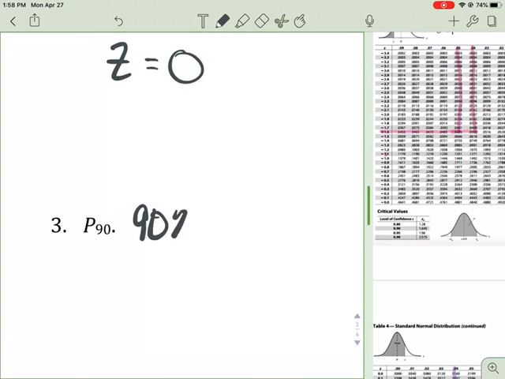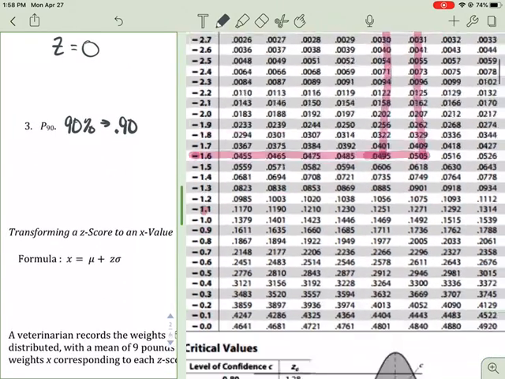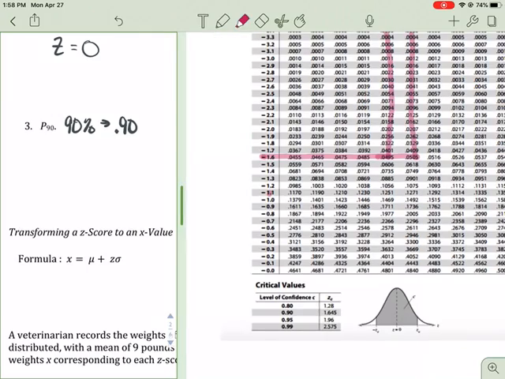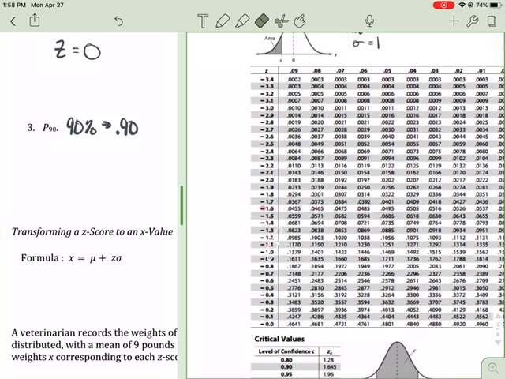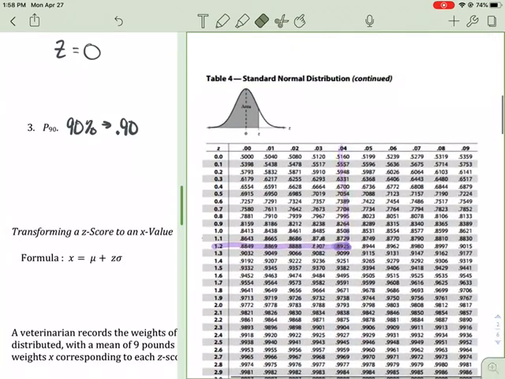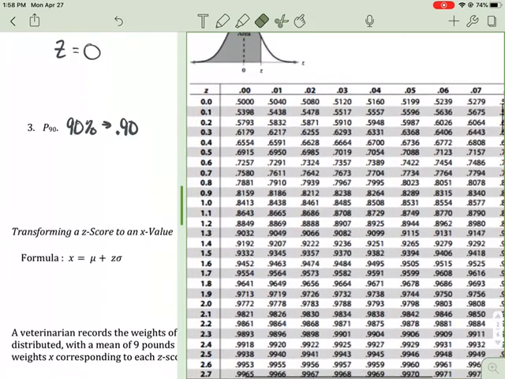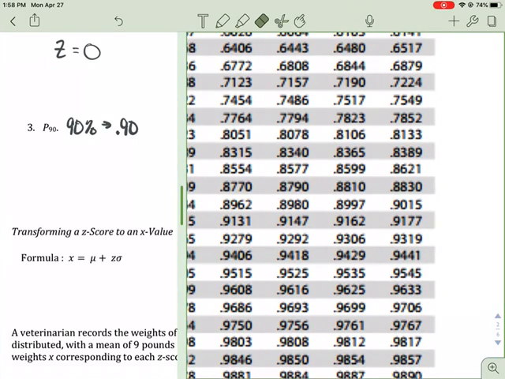Okay, 90%, so 0.90. And again, percentile is always to the left, so I don't need to do any minus ones or anything along those lines. So I've got to find 0.90.